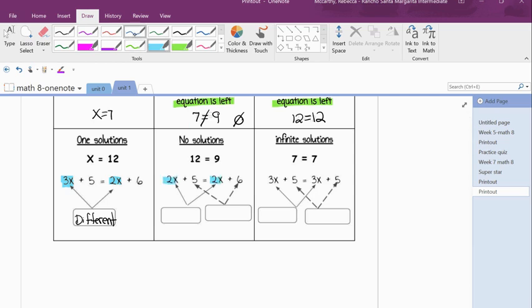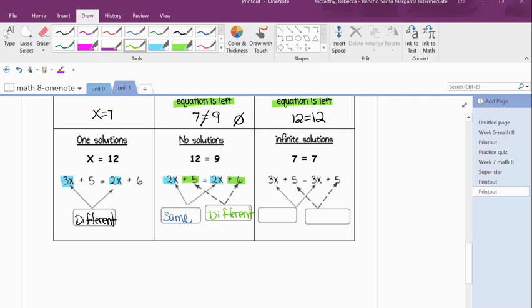So let's make that the same color. These will be the same. But my constants, that's the number without a variable, those will be different. Let's make that green. Those will be different. This is when I will have no solution.